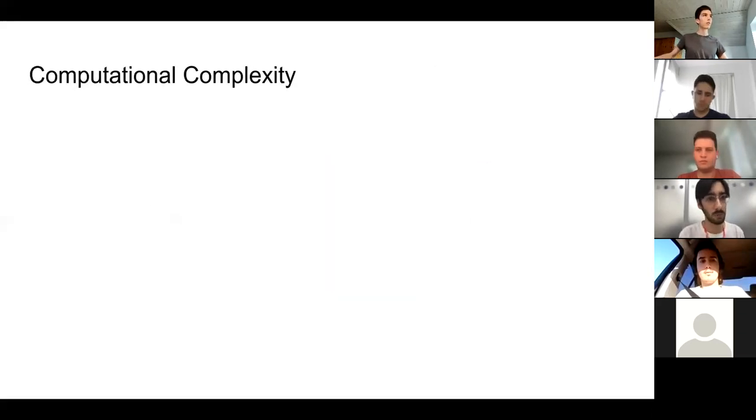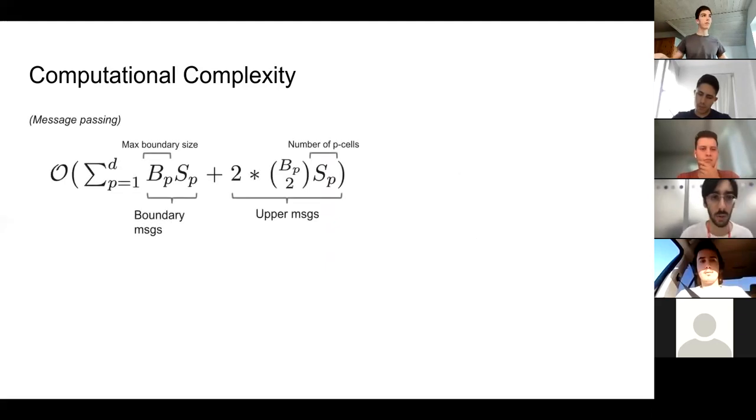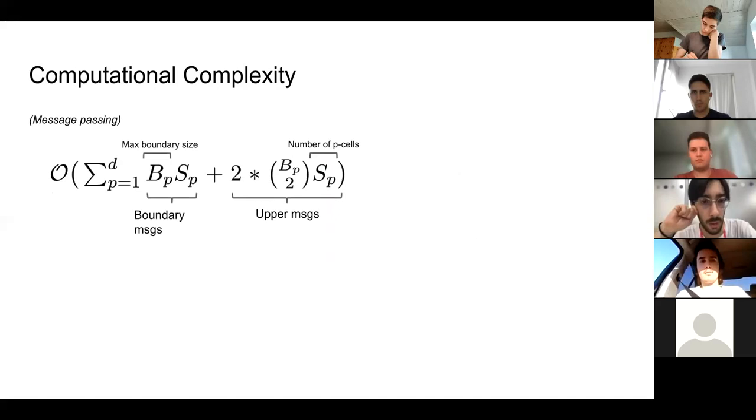Okay, so what about complexity? Because of course there's always this trade-off between computational complexity and the expressive power of the algorithm. If you want to quantify it, we can consider a cell of a certain dimension, say P, and quantify the number of boundary messages, the messages which are exchanged, which get to such a cell from its boundaries.